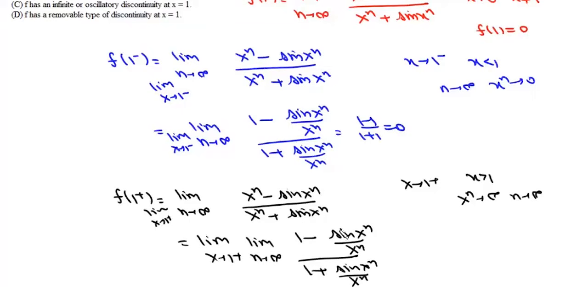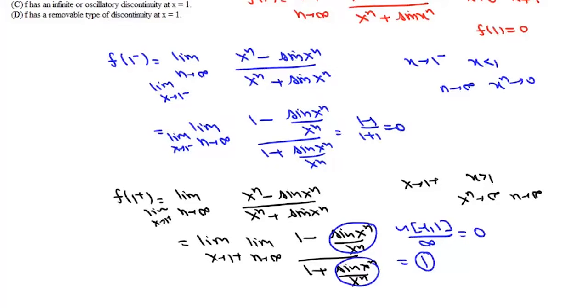Now this is not standard limit because (sin x)^n is not 0 but sin infinity, and sin infinity is an oscillating value between minus 1 and plus 1, divided by infinity, and finite upon infinity is 0. So this value will be 0 and this value will be 0. So value of its right hand limit is 1.